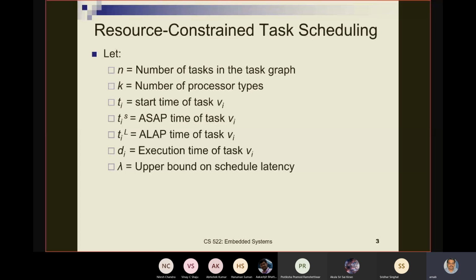What are decision variables? Those variables which give us a decision. The valuation of those variables is a decision in the solution. Assign task at this time step. This is a decision, therefore it is a decision variable. Or do not assign this task at this time step. This is again a decision.